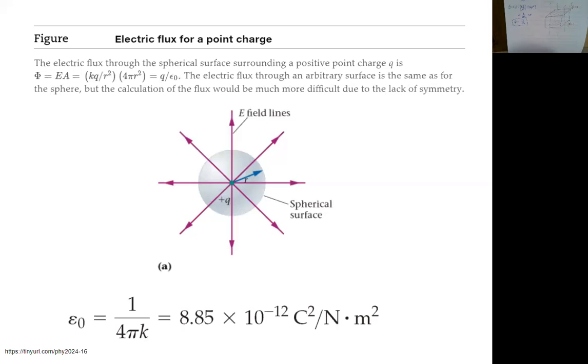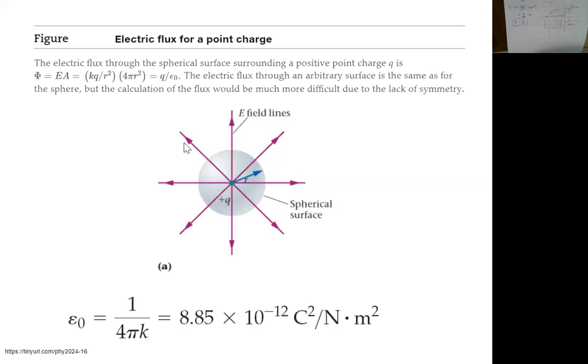So this is the conclusion if you look at a point charge. The flux is equal to Q over epsilon naught, and it doesn't depend on the distance where your point of interest is. So that's basically Gauss's law.